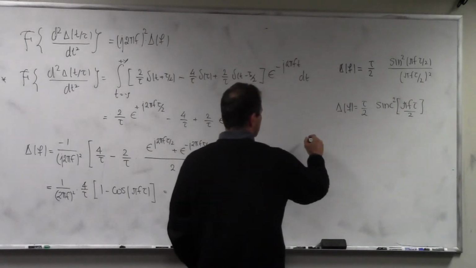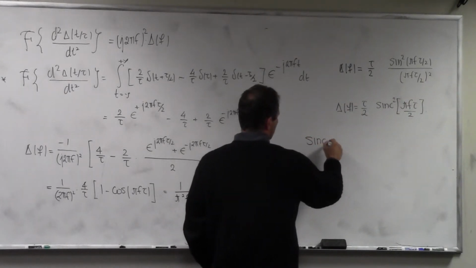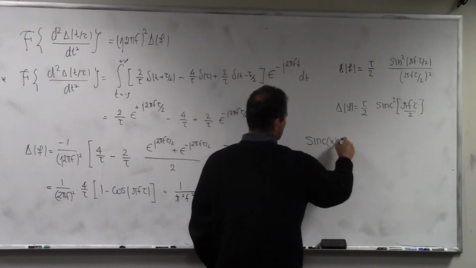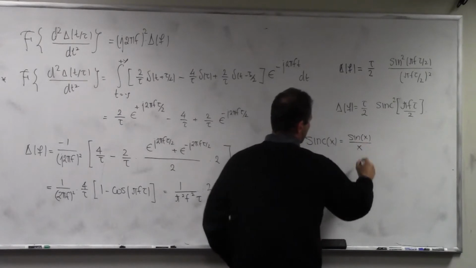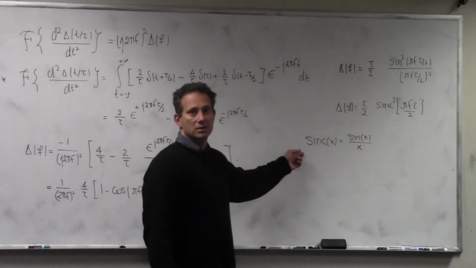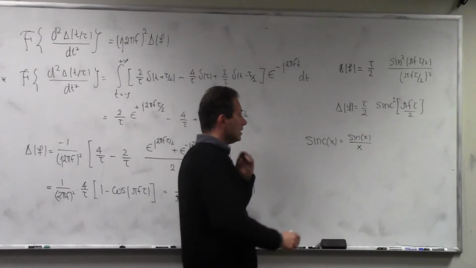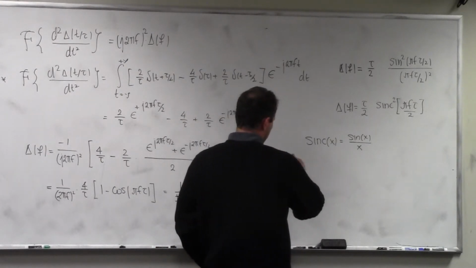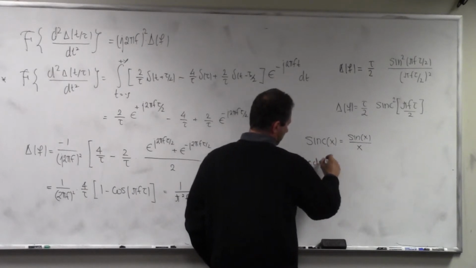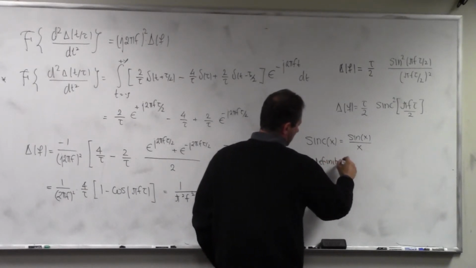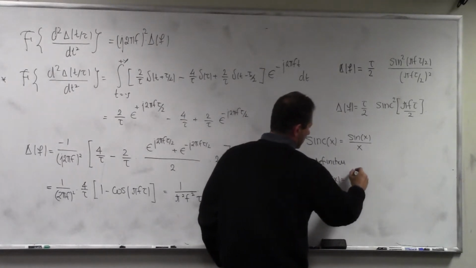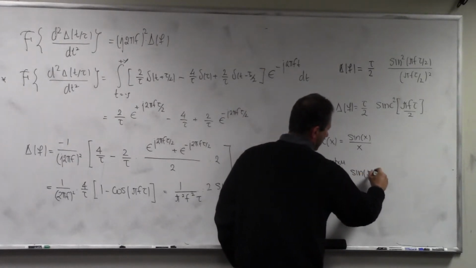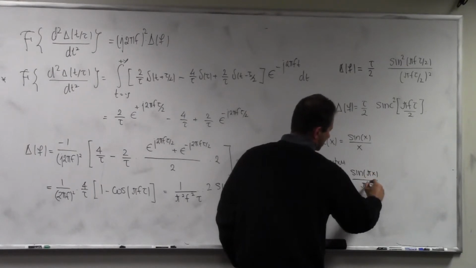Sinc is defined in your book. Sinc of x is defined as sine of x divided by x. This is the definition in the linear system book. In most books, there is an alternative definition. Particularly in most communication books, sinc of x is defined as the sine of pi x divided by pi x.